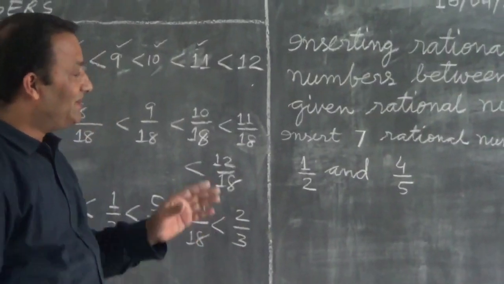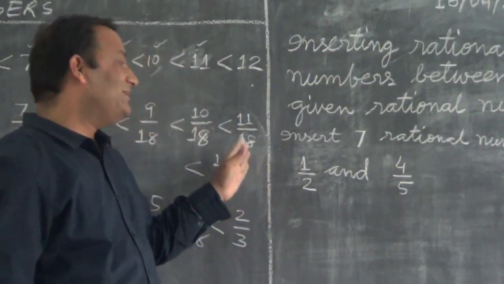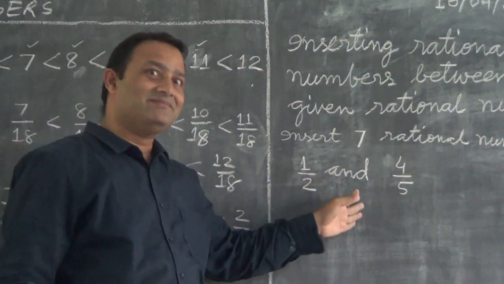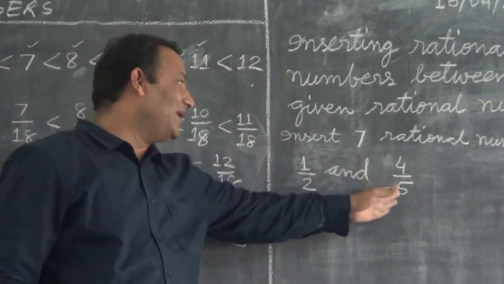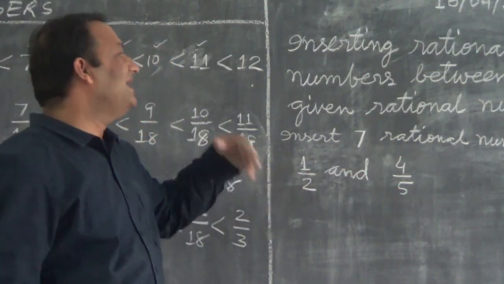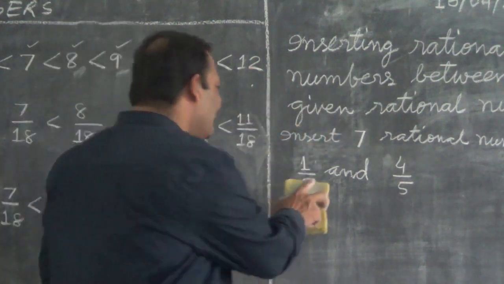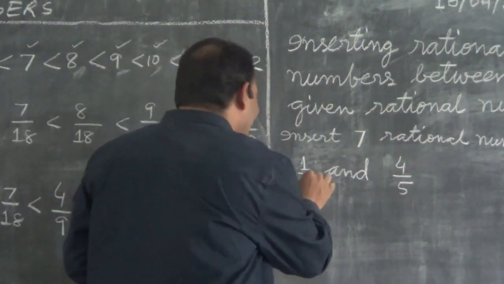In the previous example I had told you, if the denominators are equal in both cases, then you go for n plus 1.